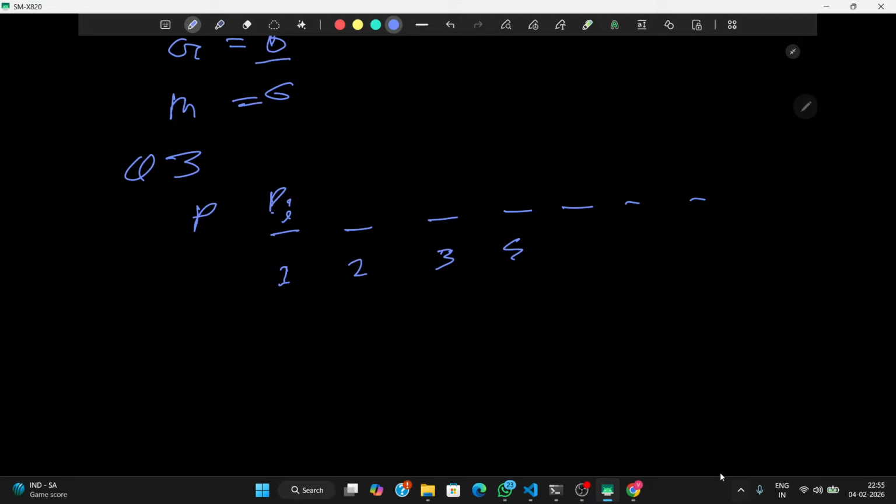Now, what we can do is choose any two indices. Suppose we chose some index I, suppose I is 3, and some index J. This is I, this is J.